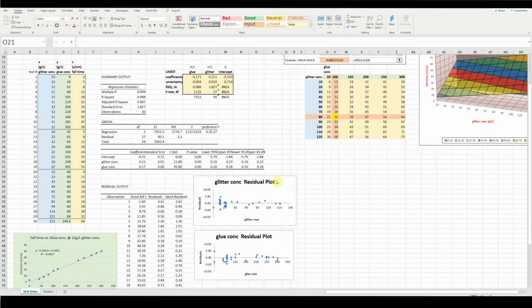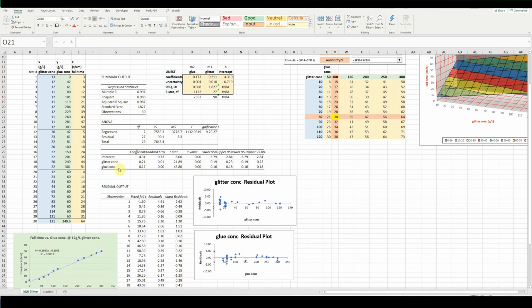All right, so here are the results of the Analysis Toolpak regression tool. They're essentially the same as we saw with LINEST. I want to point out one thing to you, is that in Analysis Toolpak, the coefficients are given intercept, glitter, and glue concentration.